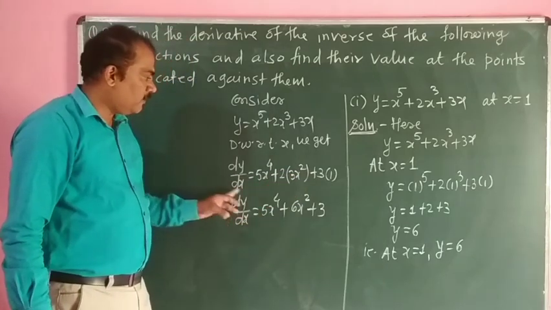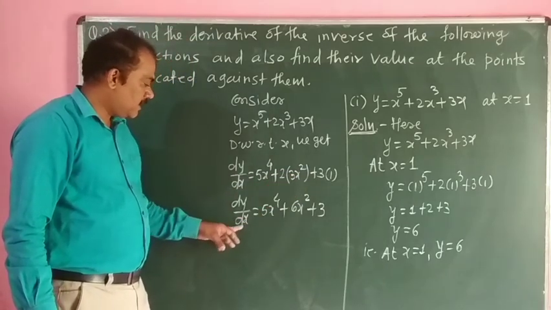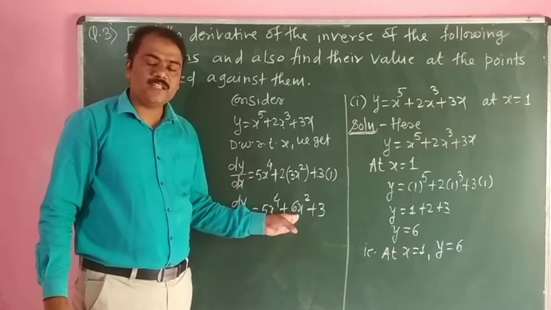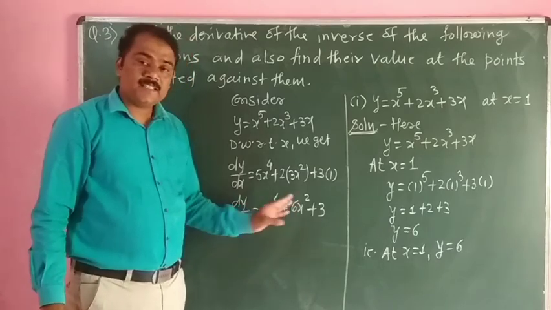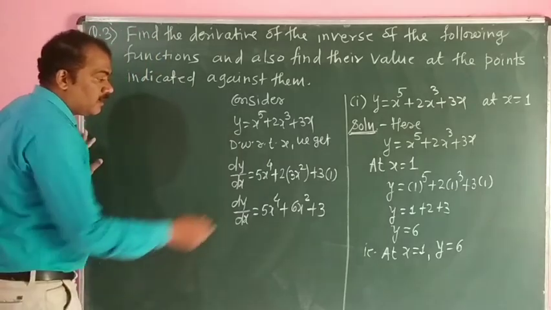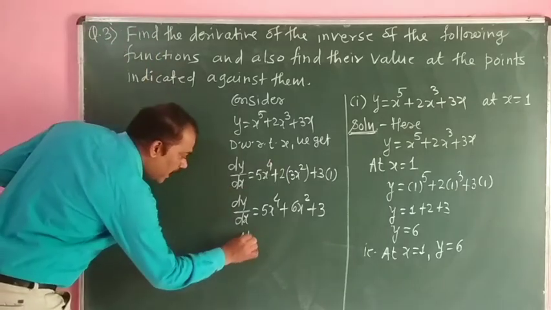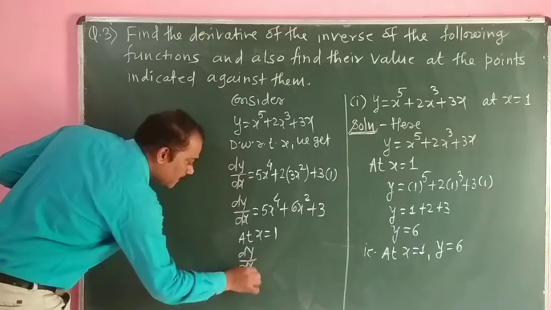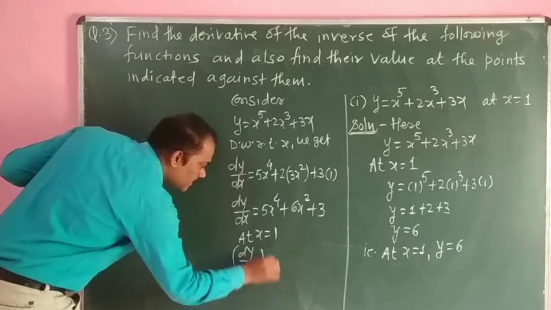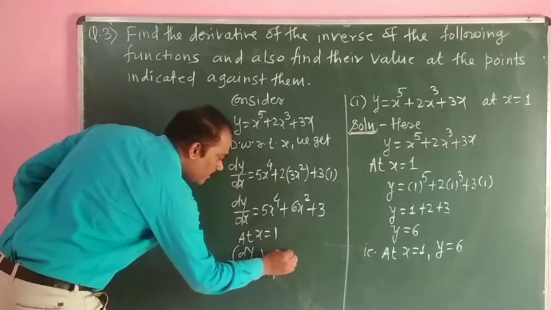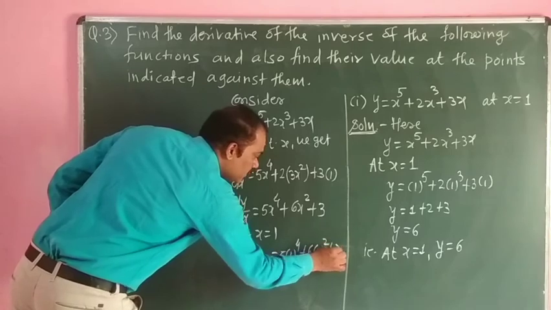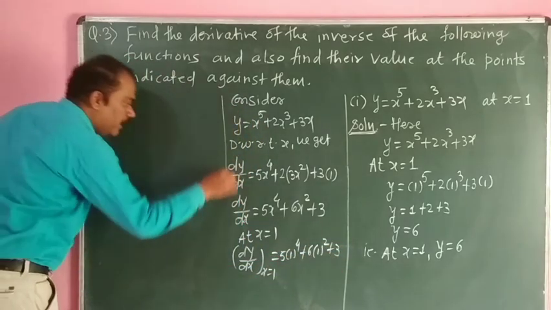We have to find the value of this dy by dx at x is equal to 1, because the derivative is in terms of the variable x. So at x is equal to 1 we get dy by dx is equal to 5 into 1 raised to 4 plus 6 into 1 square plus 3.